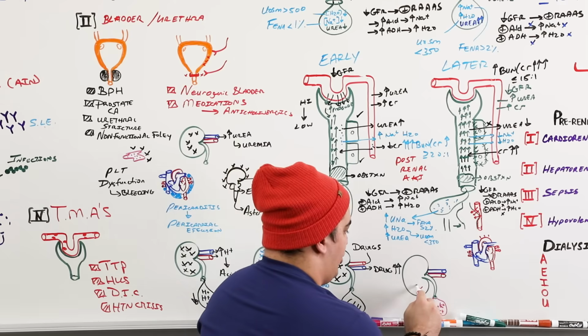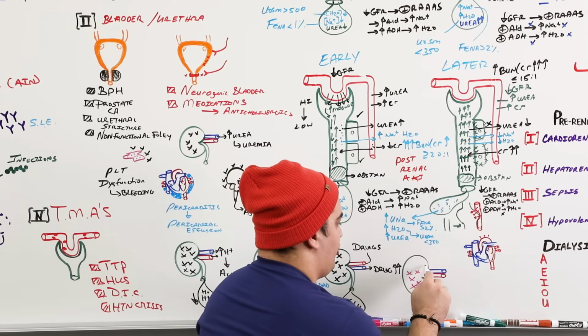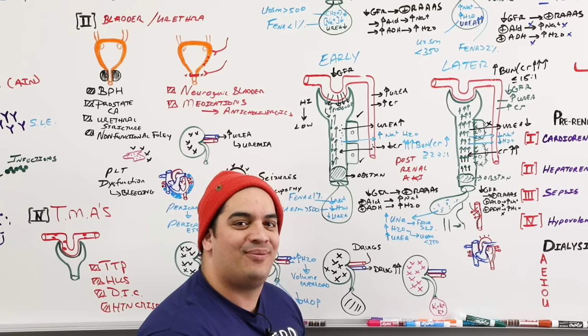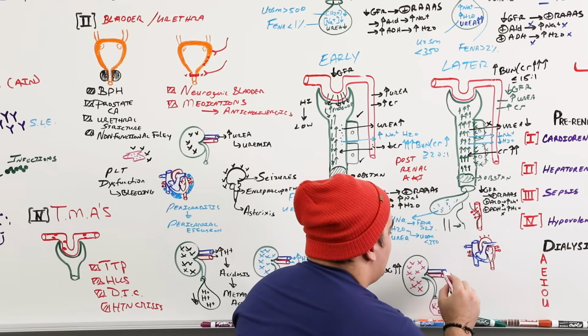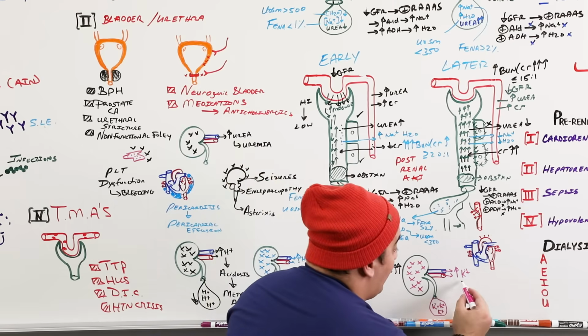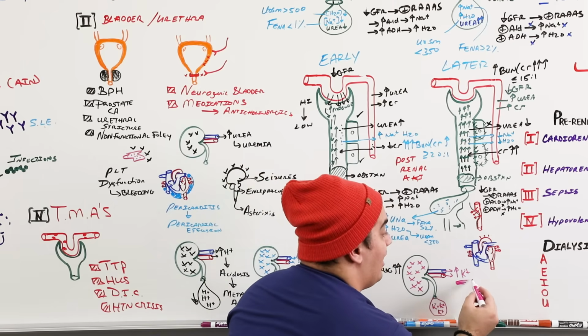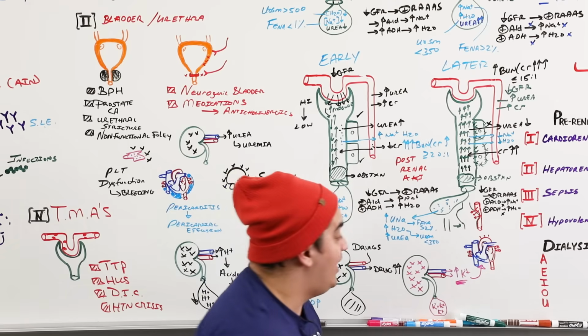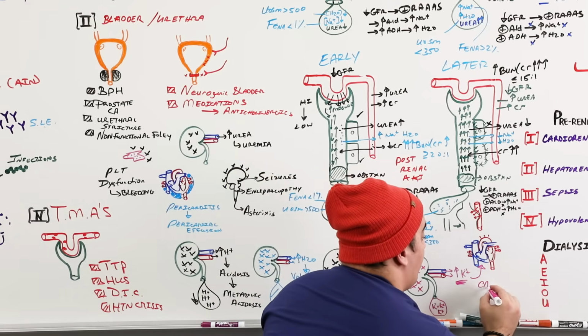But if the kidneys are injured, especially in an intra-renal AKI, is it going to be able to excrete potassium? No. So what happens to the amount of potassium that accumulates within the blood? It ends up higher. And if you have hyperkalemia, especially really high levels, that has some very deleterious effects on the heart. It can lead to some significant cardiac arrhythmias.